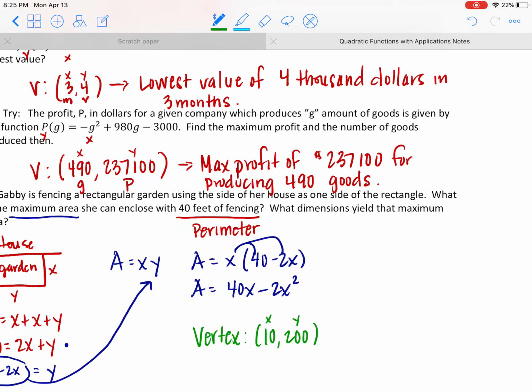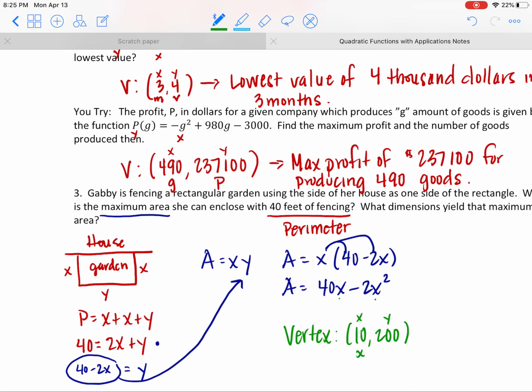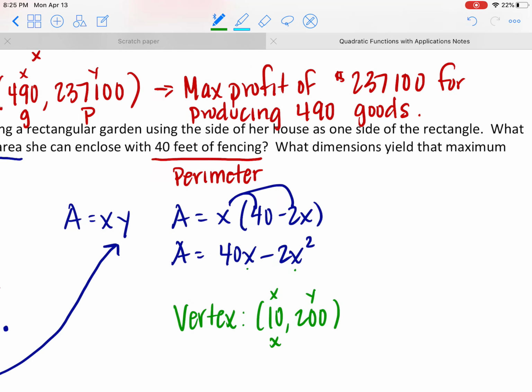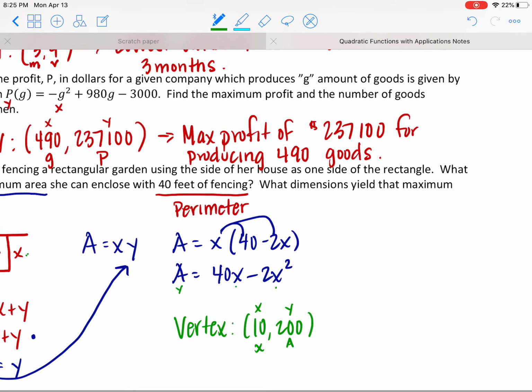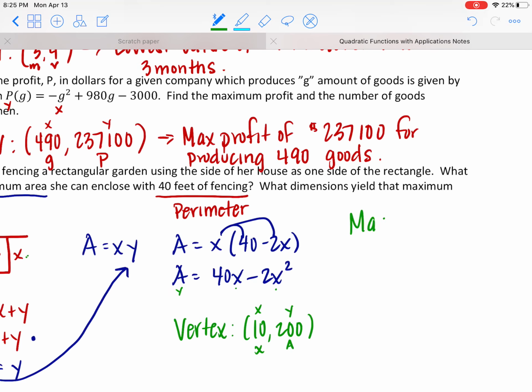This is normally an x value and a y value. Well, I still have x values here, so this still represents an x. But oops, I'm sorry. So I still have an x here, but y isn't a y, right? y is an a. So x is an x. It represents this dimension of my garden, and a is area.